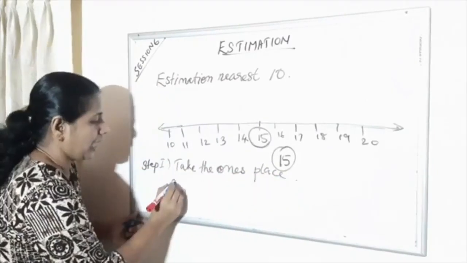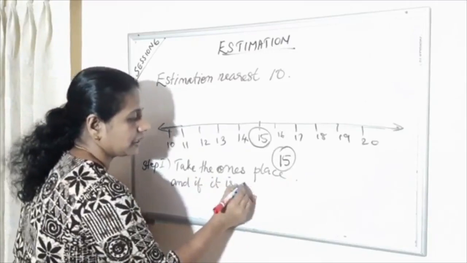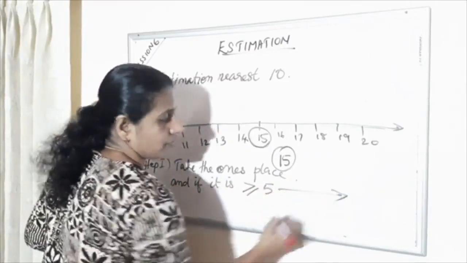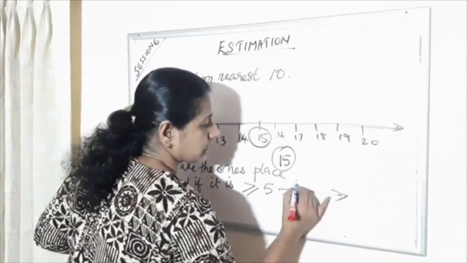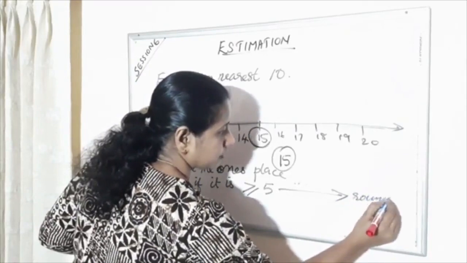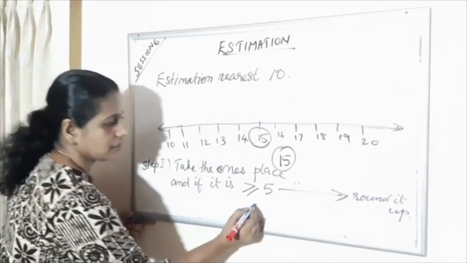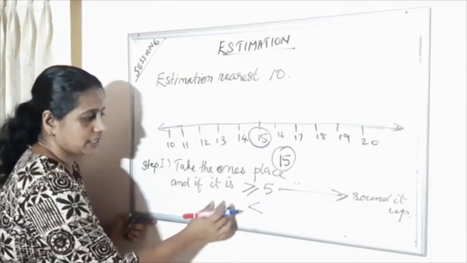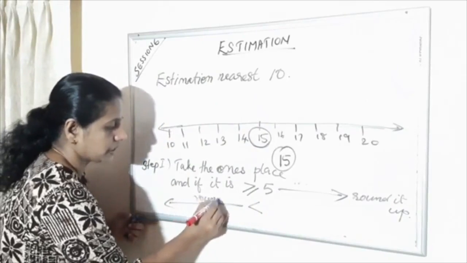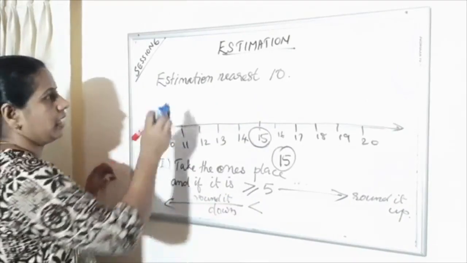If it is greater than or equal to 5, we have to round it up. And the second condition is, if it is less than 5, we have to round it down. I'll tell examples.